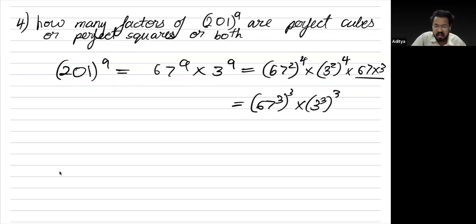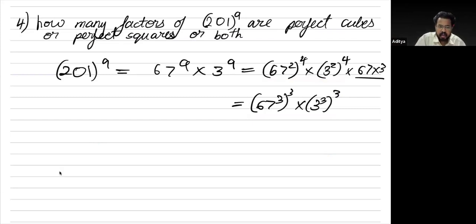Now, whenever a perfect cube is divisible by 67, it will be divisible by 67 cubed also, by 67 to the power 6 also, or 67 to the power 9 also. It will never be intermediate anywhere, because then taking a cube root will not give us integers. So from this and this, you can figure out the number of perfect square divisors and perfect cube divisors.